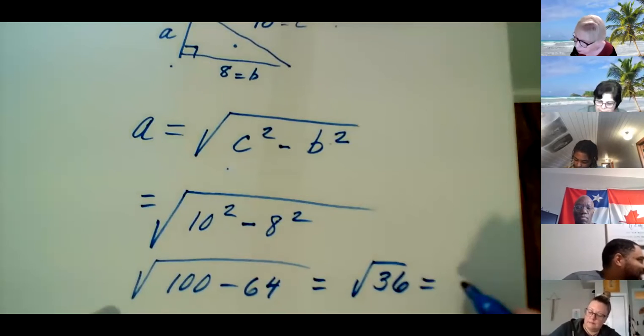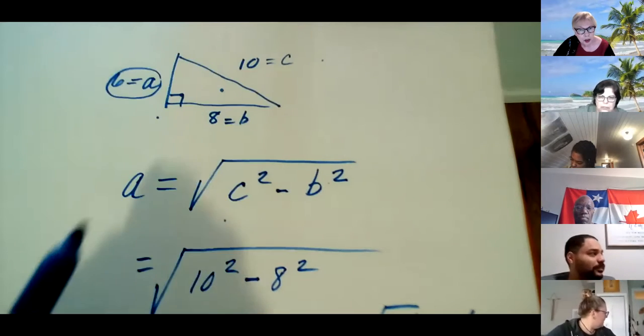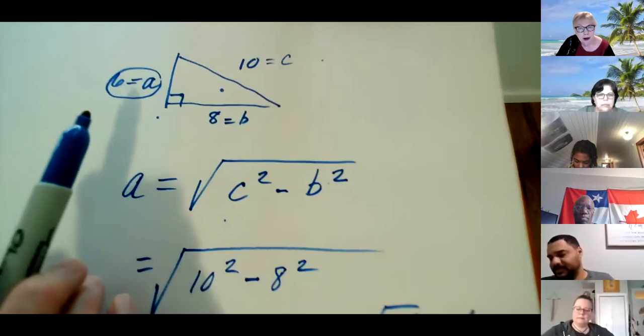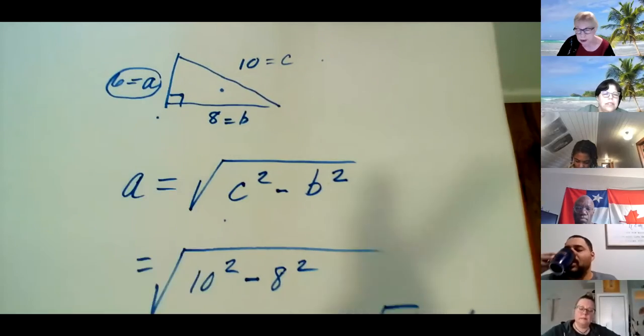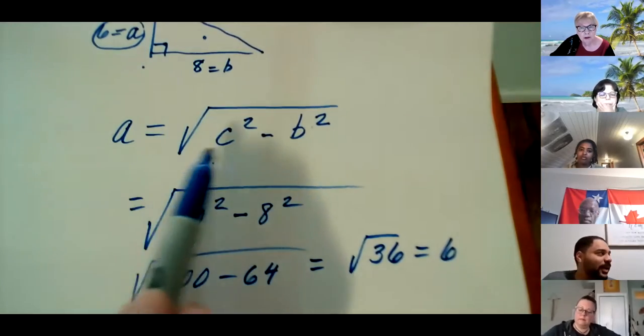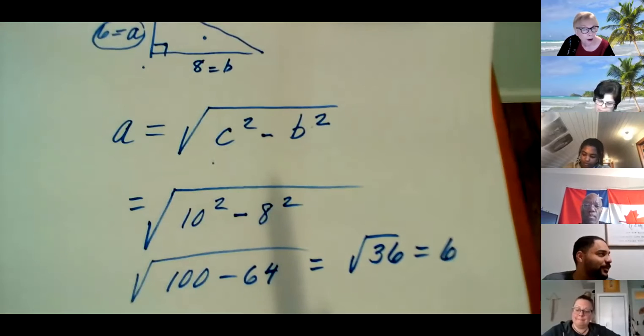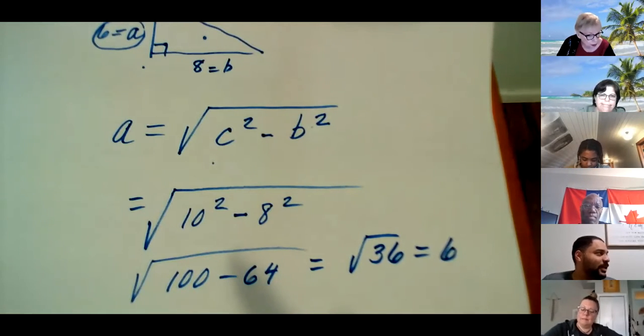So this particular missing side, when it was one of the two shorter sides, the answer turned out to be 6. And you can use those two formulas if one of them is missing. I don't know if that's more confusing or not. I'm not sure. But I wanted you to see at least two approaches.